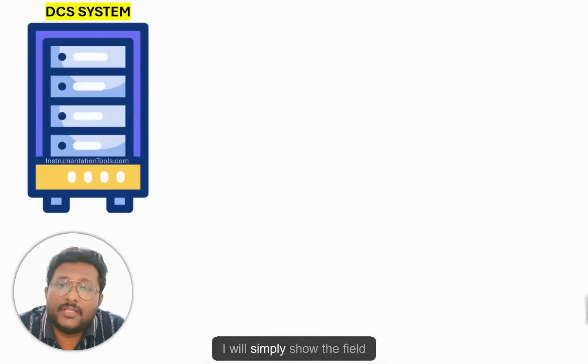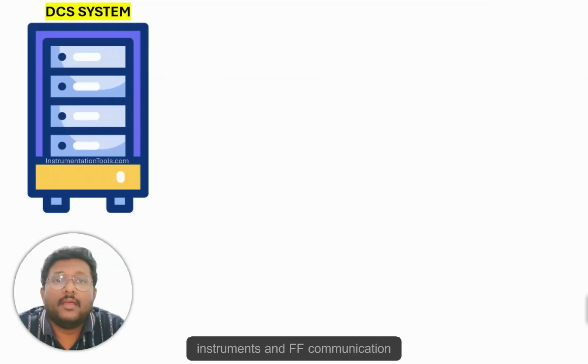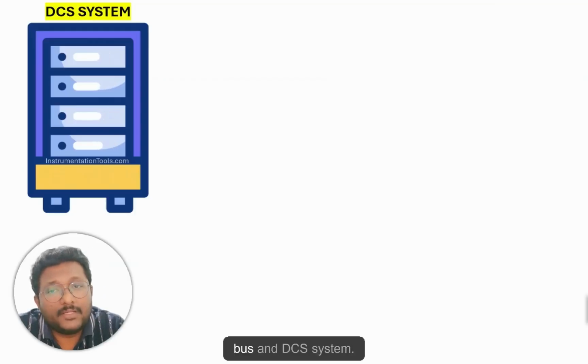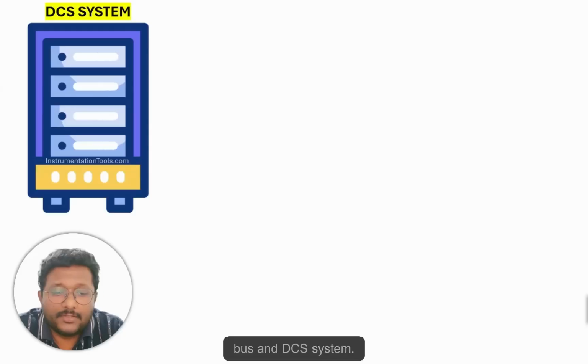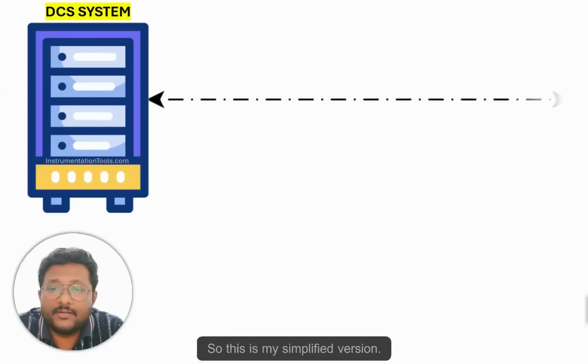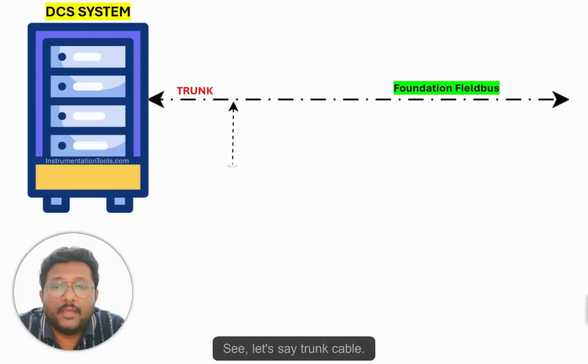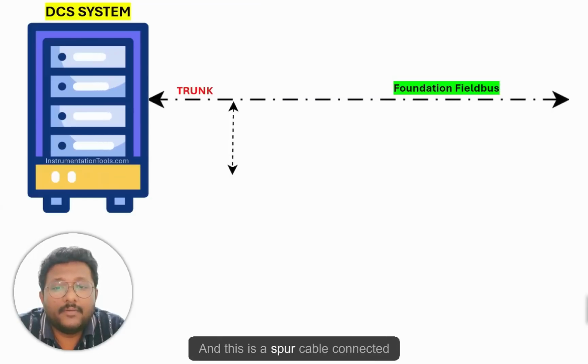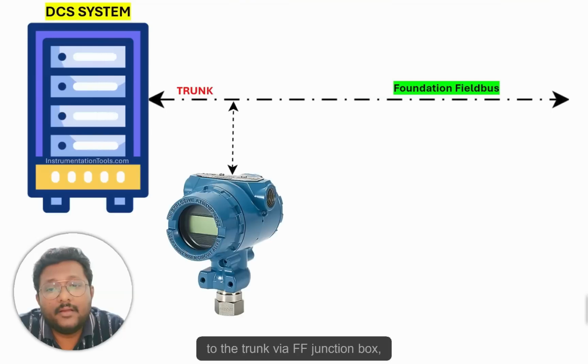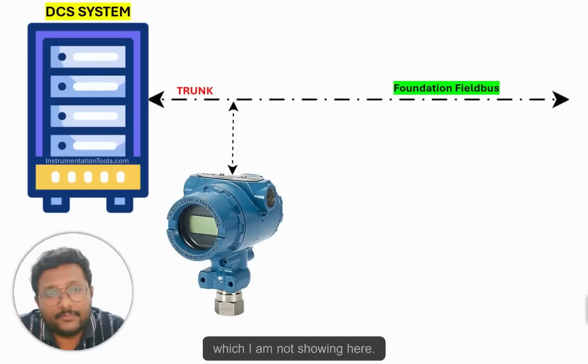I will simply show the field instruments, FF communication bus and DCS system. So this is my simplified version. See, let's say trunk cable, and this is a spur cable connected to the trunk via FF junction box, which I am not showing here.